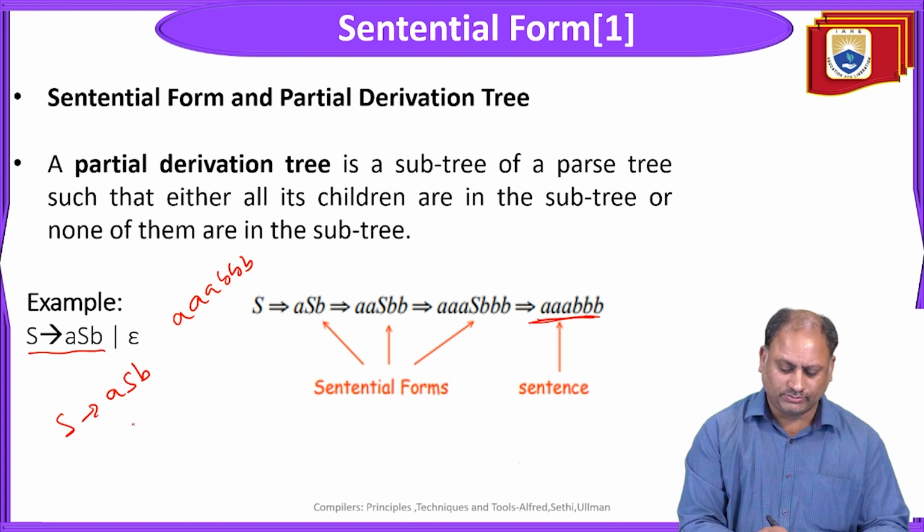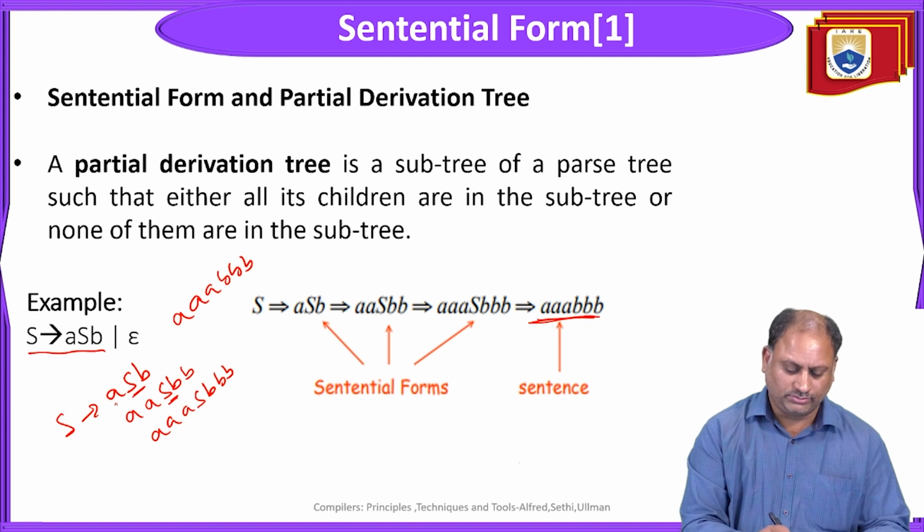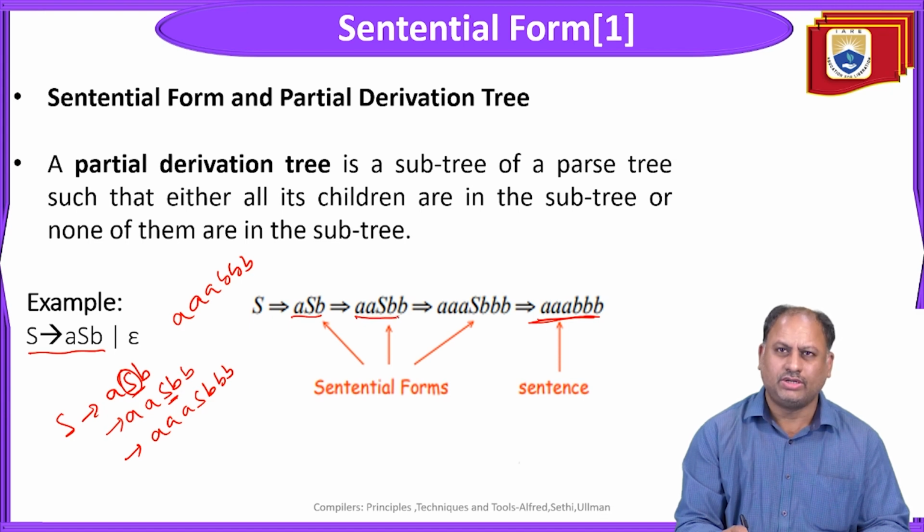Then we take S as one more thing, that is a capital A S B. Once again we apply S. In this way, the first time substitution of the production gives some derivation, the second time substitution gives one more derivation, and then the third time.